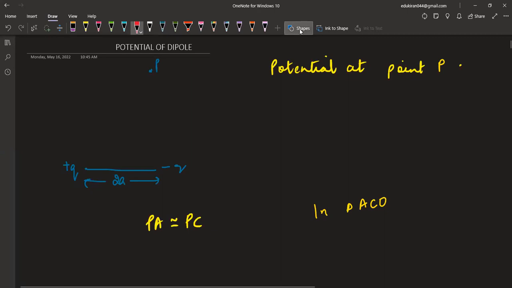This plus Q is separated by one separation from point P, let's say this is R1. Then this point P is separated from minus Q by a separation, let's say R2.